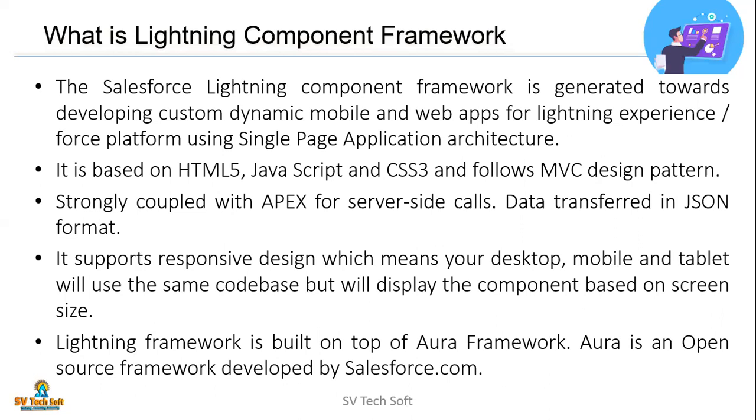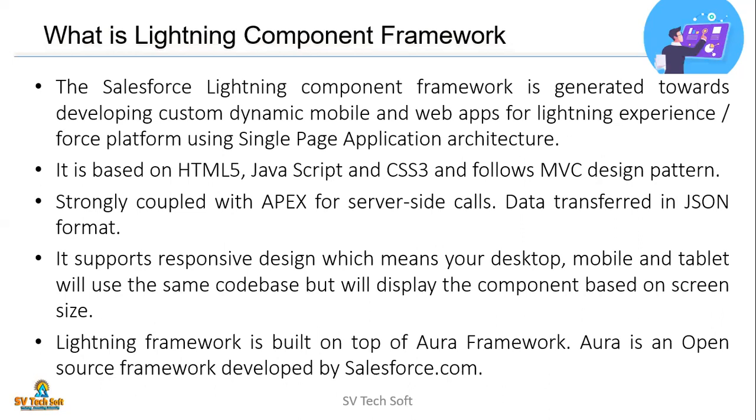It is based on HTML5, JavaScript, and CSS and follows the MVC design pattern. Whenever you build your Lightning Aura component, it is completely based on HTML5, JavaScript, and CSS. The Lightning Aura component is strongly coupled with Apex for server-side calls.